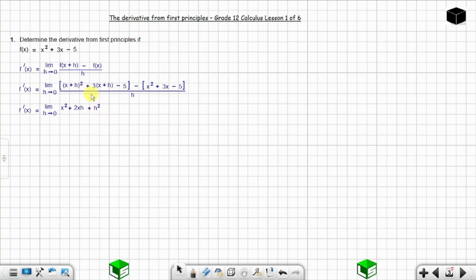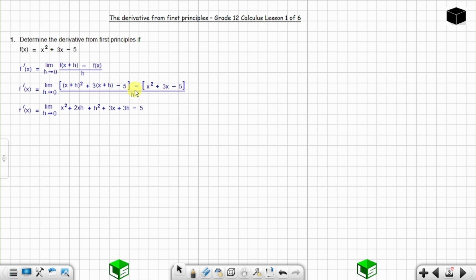Let's carry on. You have plus 3 times everything inside of the bracket: plus 3x, plus 3h, and then minus 5.